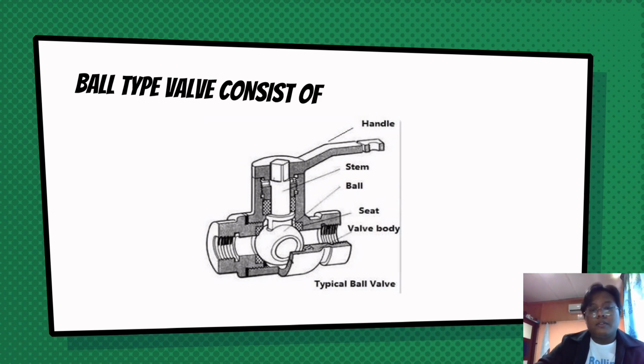We have the stem, which is a rod that connects to the handle, and the ball, which is the component that blocks or lets the fluid through. Then the seat, and the last one is the valve body. As you can see here is the interior design of the ball valve.